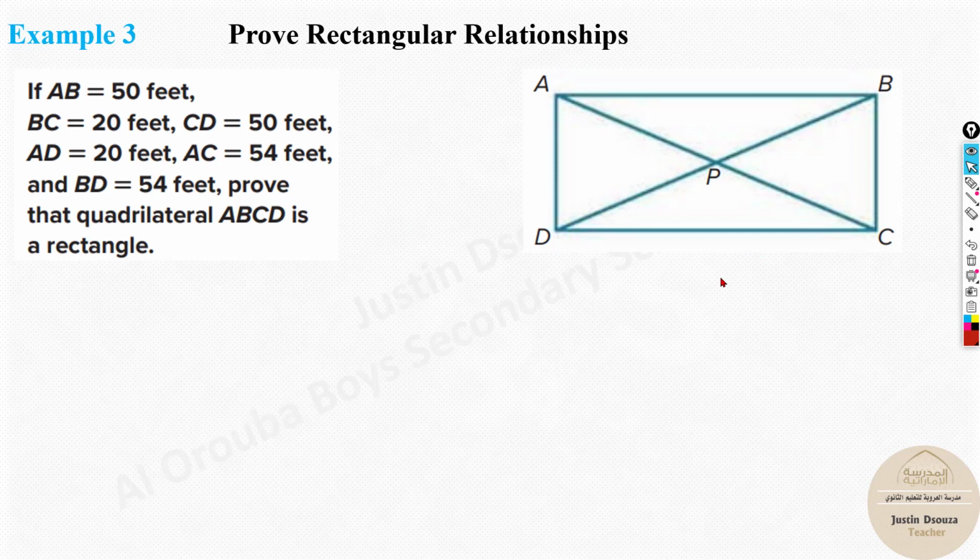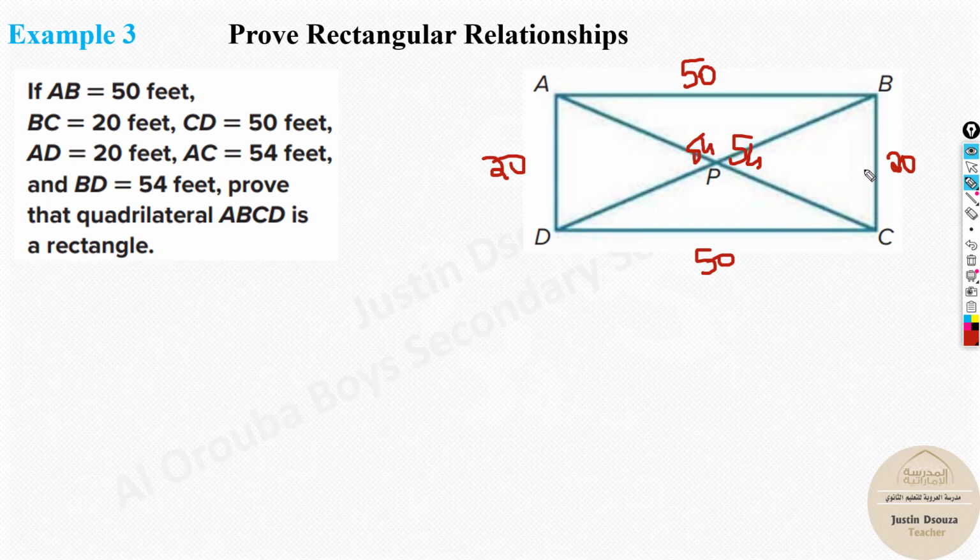Now here, they have given us AB to be 50 and BC is 20, AD is 20, CD is 50, AC is 54, BD is 54.